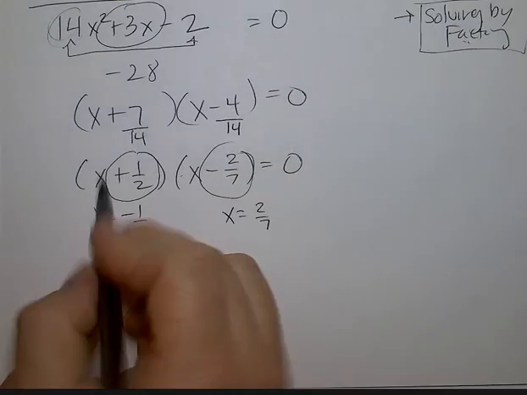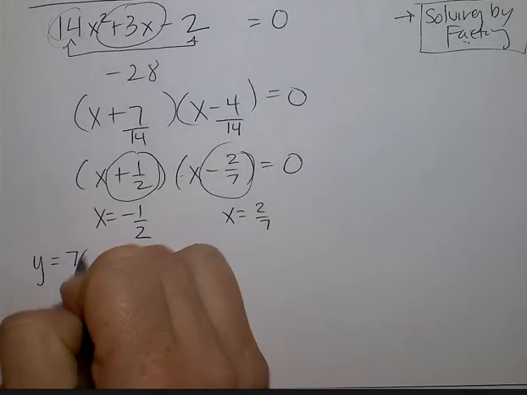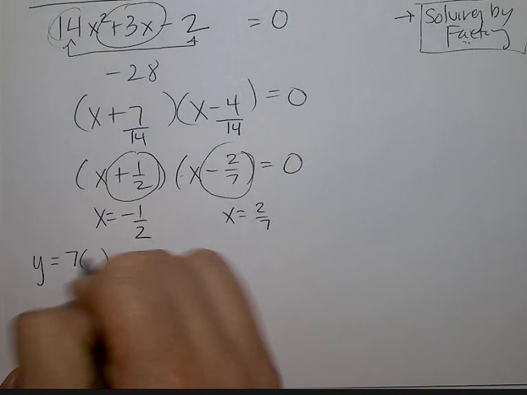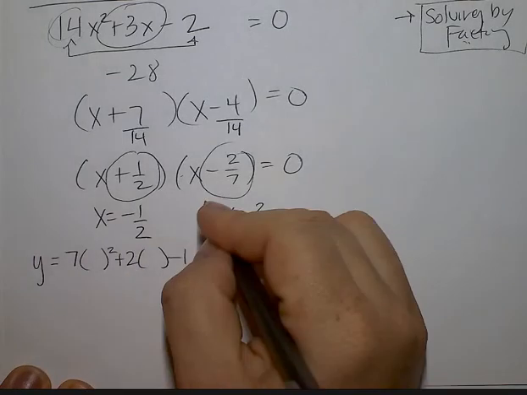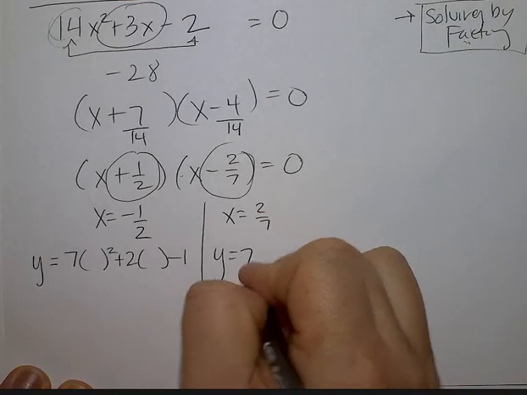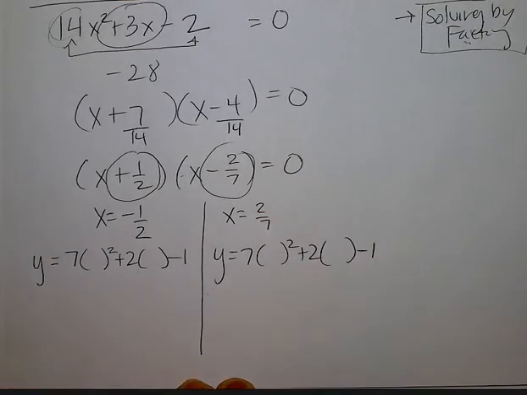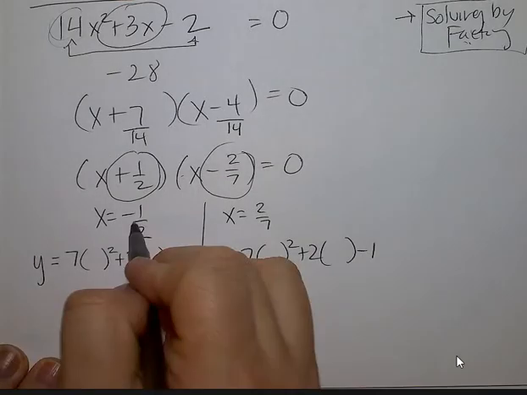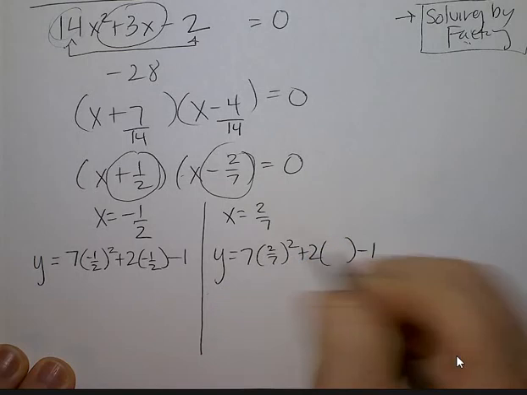I'm going to write down y equals 7, but instead of having an x, I'm going to leave a parenthesis. So this would have been x squared plus 2, again not putting an x, minus 1. And now I'm going to substitute in the x value that I solved for in the previous step.